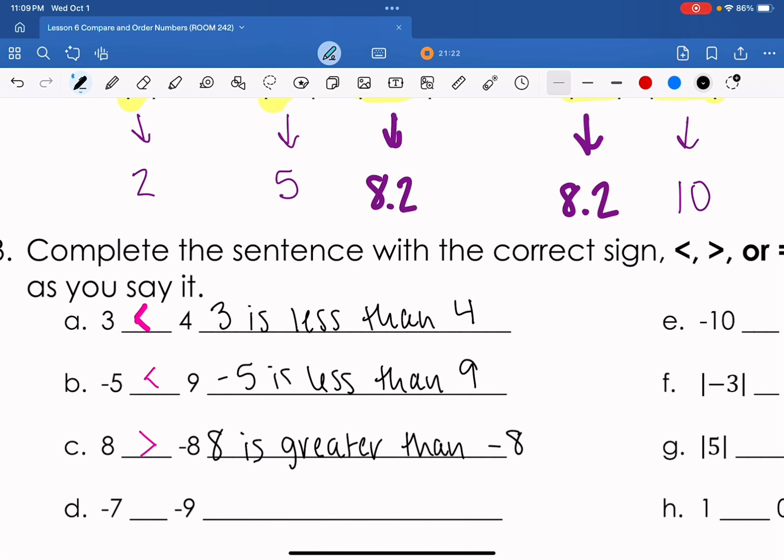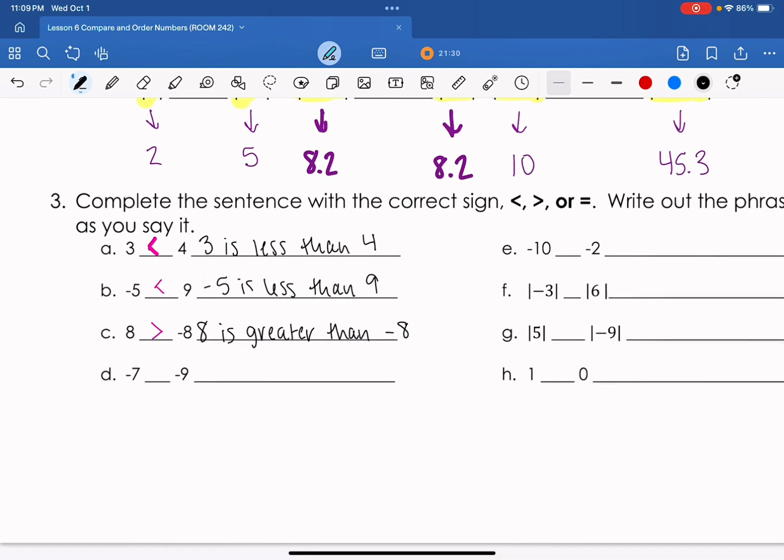Okay? Next, I have -7 and -9. Now, if you need to draw a number line to help you, let's do that real quick. Here's my 0. Here's -7. Here's -9. -9 is further to the left. So this value of -9 is less than, right?